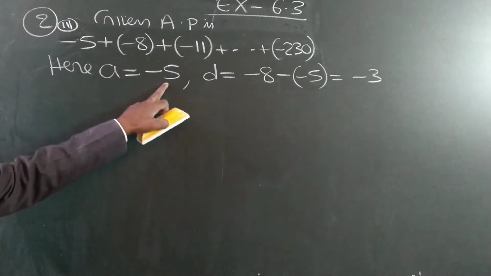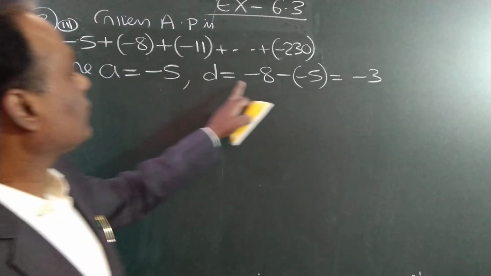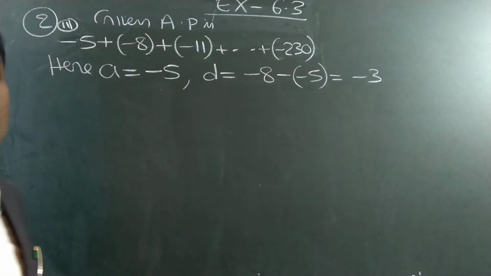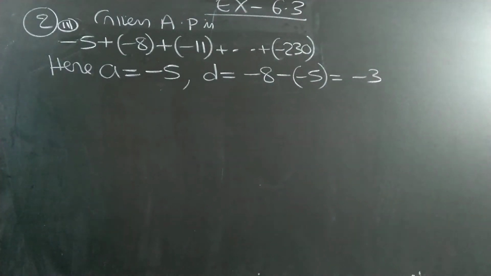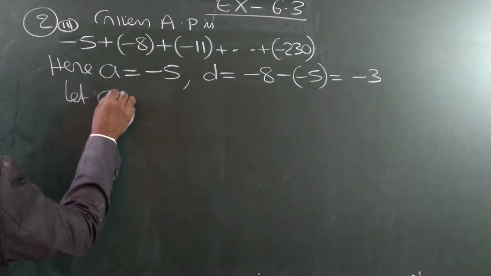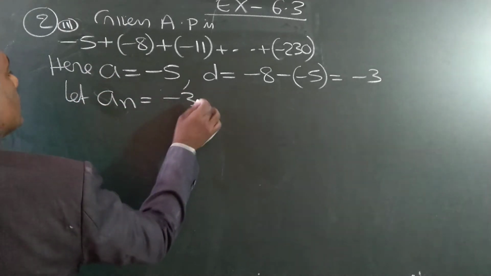A is the first term, d is second term minus first term, minus 3. So minus 230 is which term? We have to find it. Let minus 230 be the nth term.